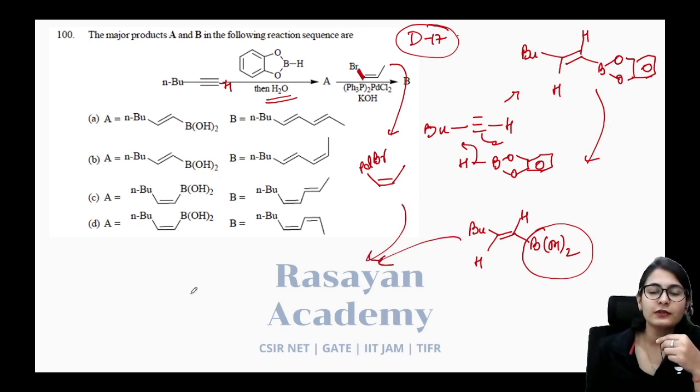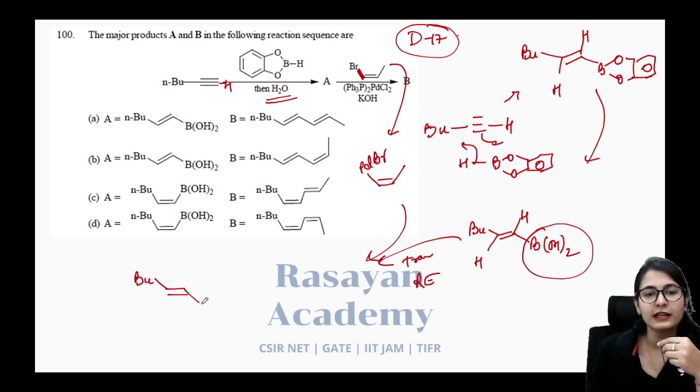Transmetallation followed by reductive elimination gives you the product like this. So I'm just drawing the skeleton. Yes, it is going to be a cis alkene. This is your product. Okay, this has to be the product.